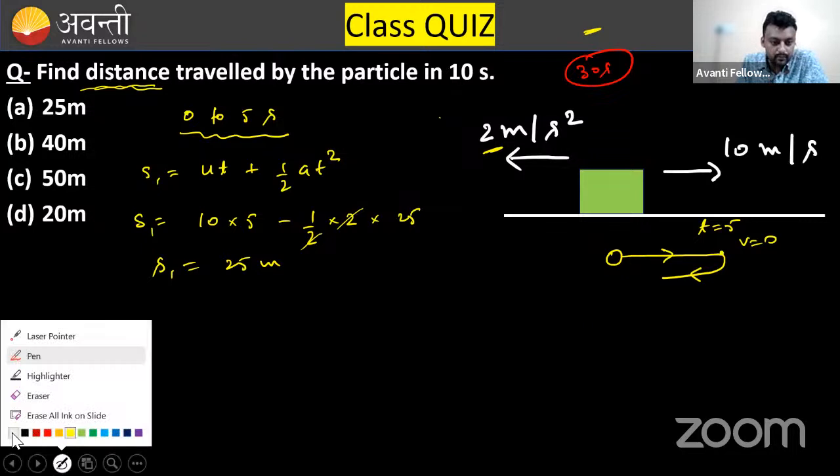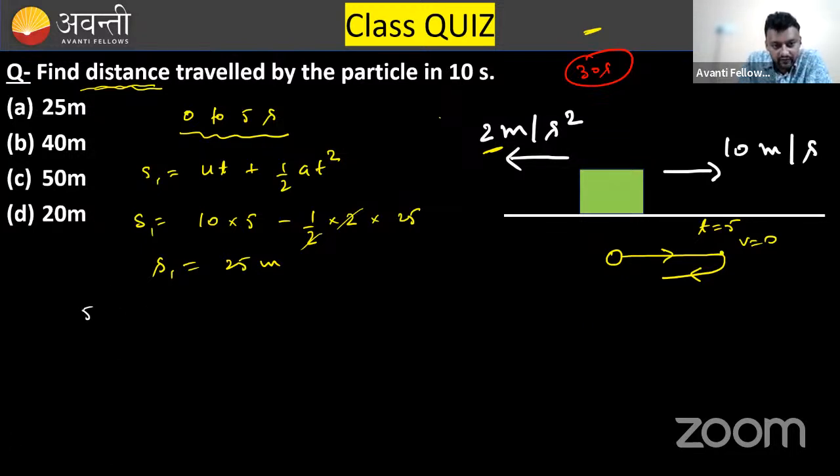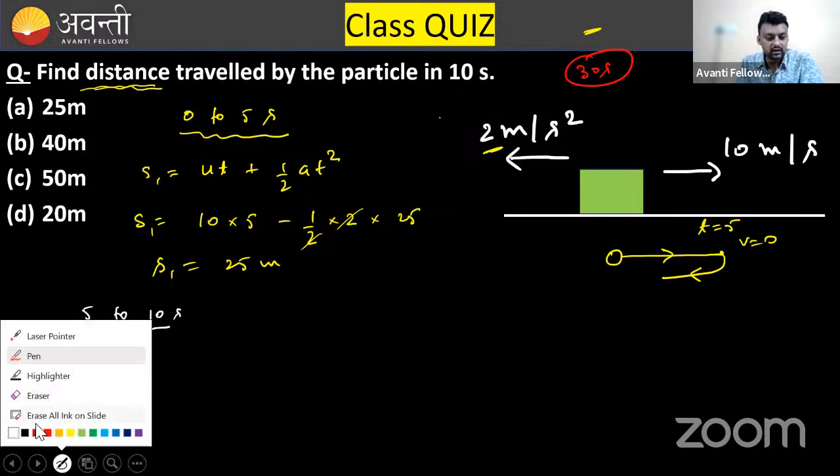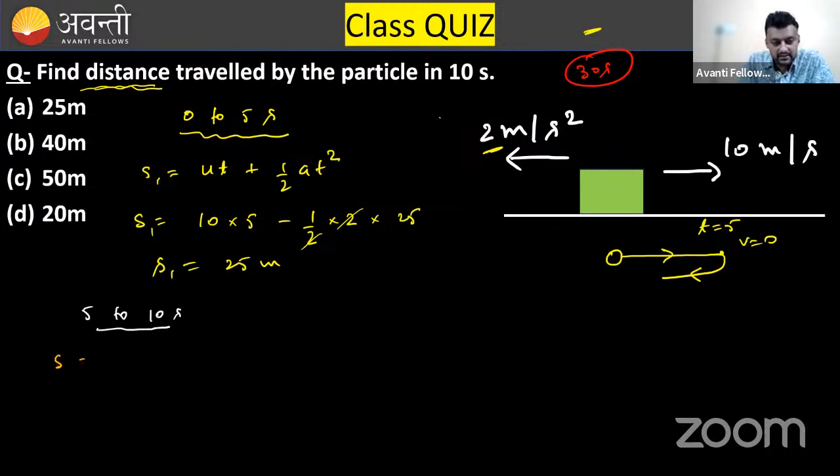Now what should we do for the time 5 to 10 seconds? If I use the kinematic equation again, s is equal to ut plus half a t square. This is s2.